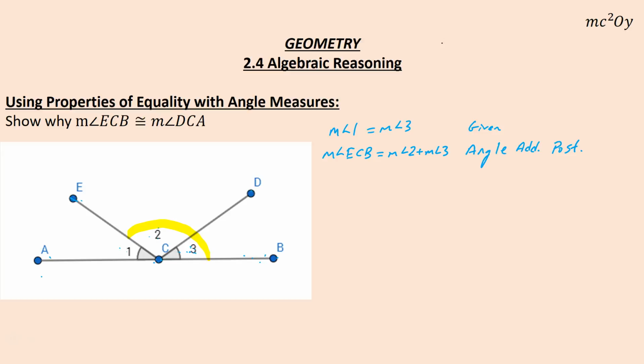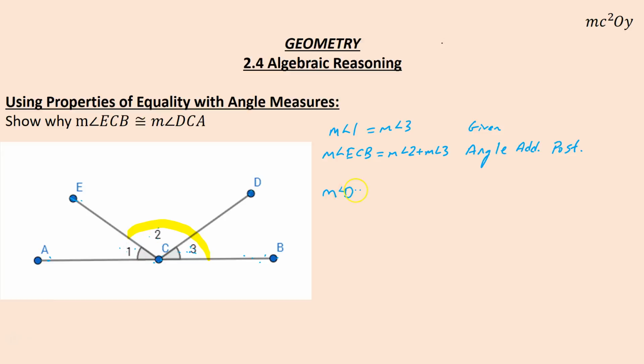Now, I could also go in, and after I've said that, I start looking around like, well, hold on. If angle 1 equals angle 3, and that's an angle 3 there, I could actually say angle 1 here. I'm kind of getting ahead of myself, so I'm going to leave myself a little room, and I'm going to say that this angle right here, DCA, is made up of 1 and 2.